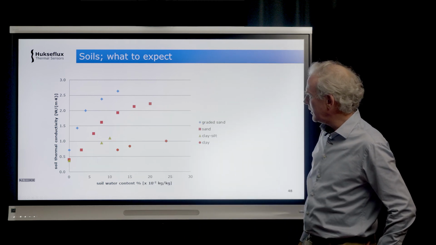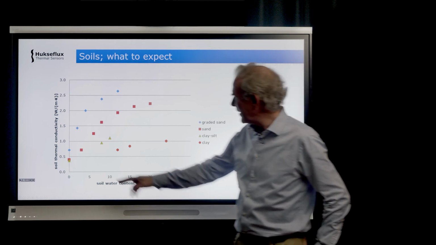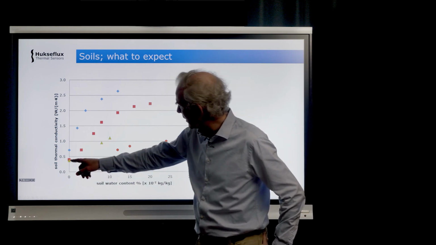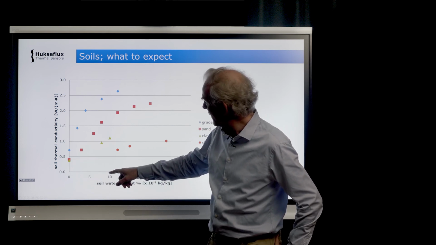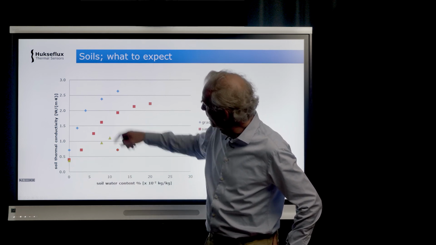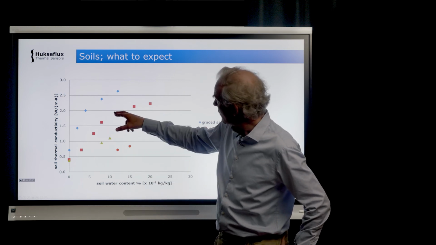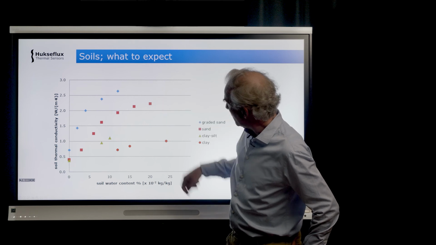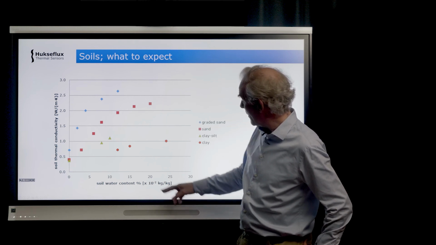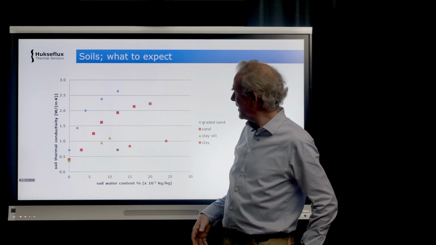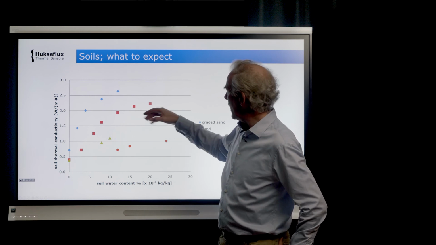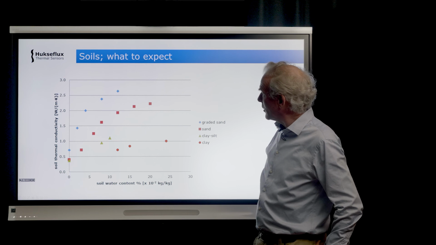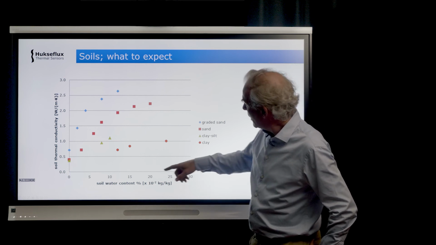What you see here is that dry sand is basically an insulator. And as soon as you get a little bit of humidity, there's a very steep increase. That's the water building bridges until you reach about 20% by weight, and it tops off at around a thermal conductivity of 2.5.